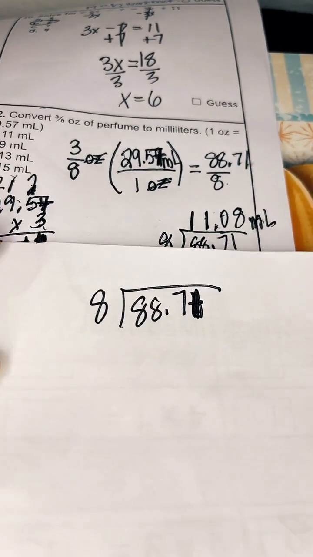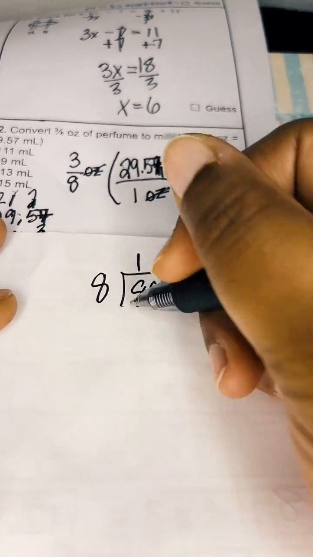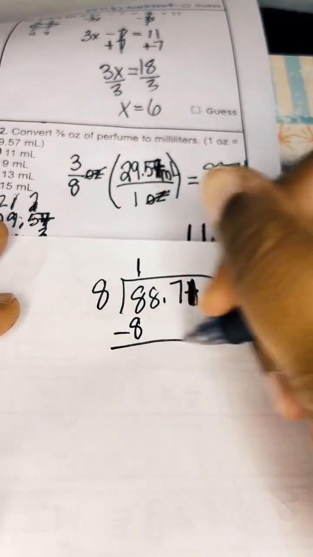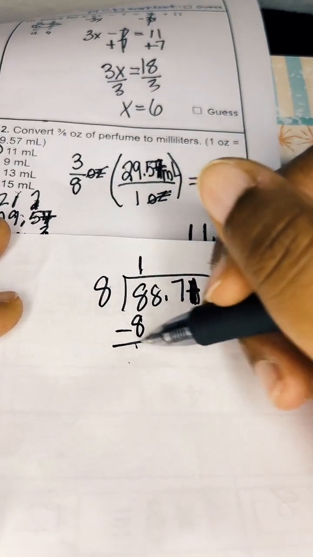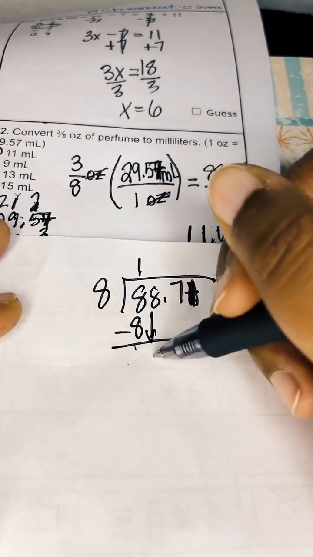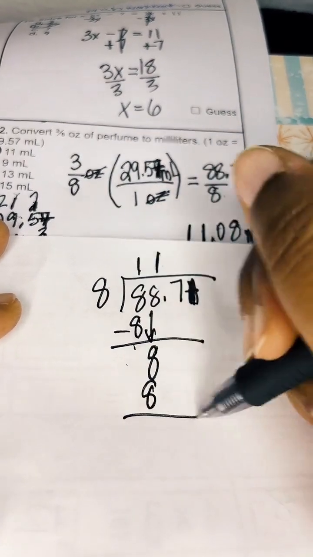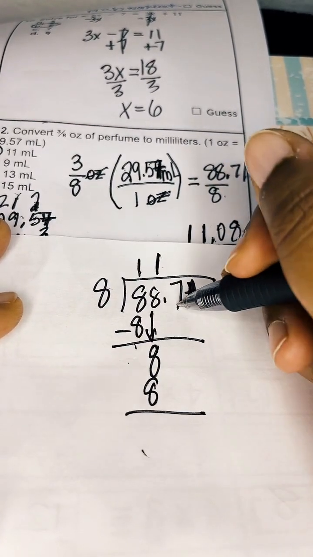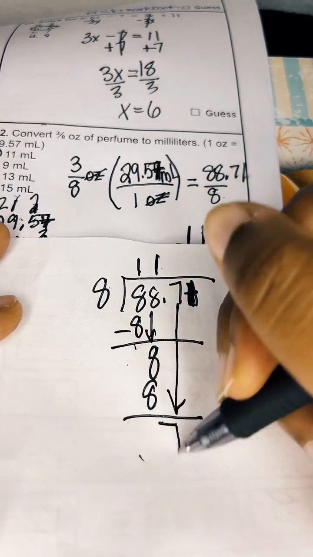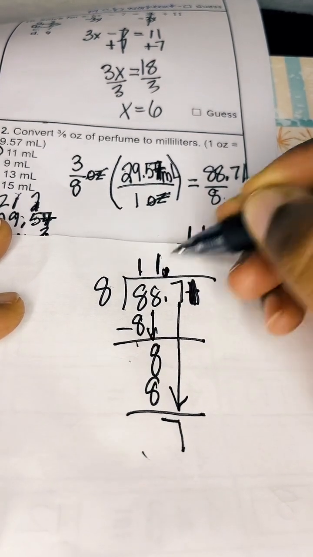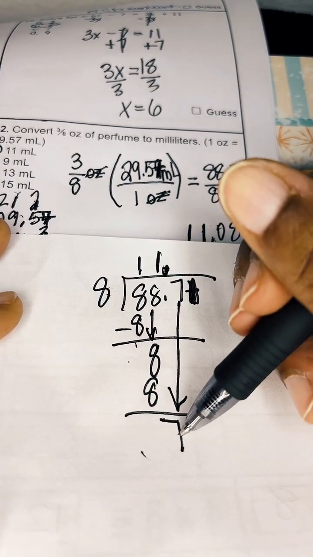So this is how we do this, Lily. Okay, 1 times 8 is 8. And then we subtract, okay? We get 0 here. So we're just going to drop down the 8. Then we put a 1 here. 1 times 8, 8. We get a 0 here. So we drop down that 7. Well, 8 can't fit in the 7.